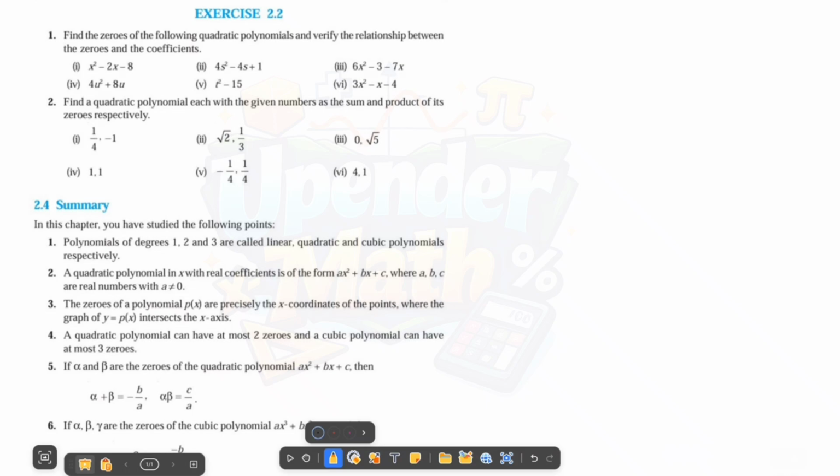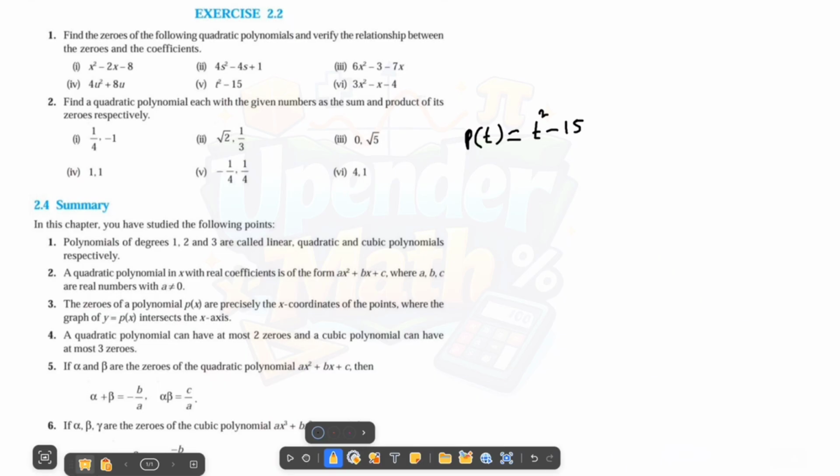Next, fifth question is t square minus 15. Here the variable is t. Let's take p of t is equals to t square minus 15.